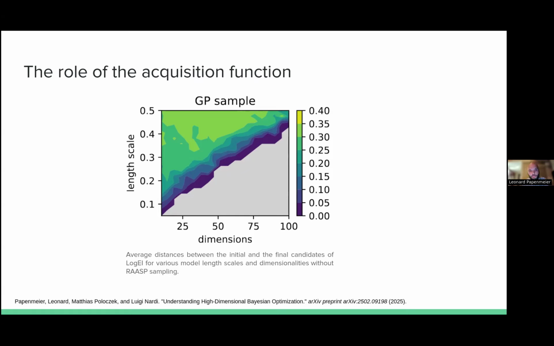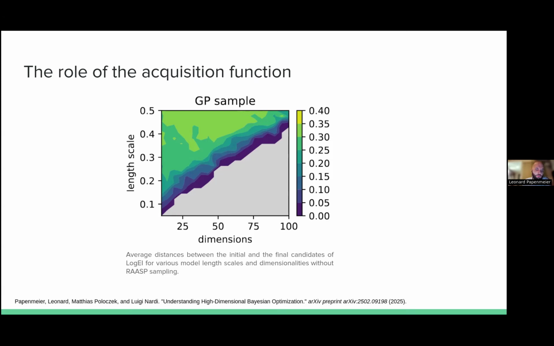And those are the areas where you have vanishing gradients of the acquisition function. Because if the gradients are zero, then you don't update, so there's no distance between starting and end points. And we see here that vanishing gradients of the acquisition function occur relatively early.